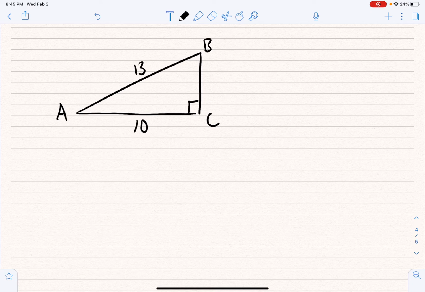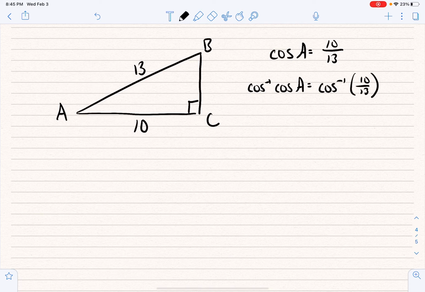Okay, let's do this because this is quick and easy. I'm going to start by saying, well, I know that the cosine of angle A is equal to adjacent over hypotenuse. So therefore, the inverse cosine of the cosine of angle A is equal to the inverse cosine of 10 over 13. These cancel, therefore angle A is equal to the inverse cosine of 10 over 13.